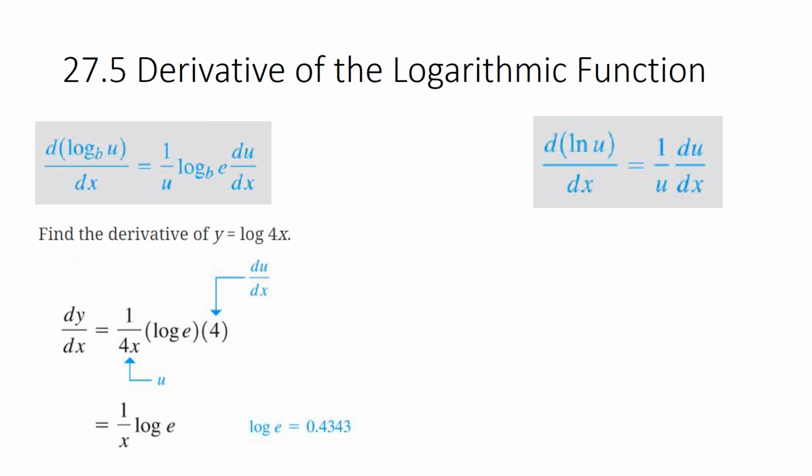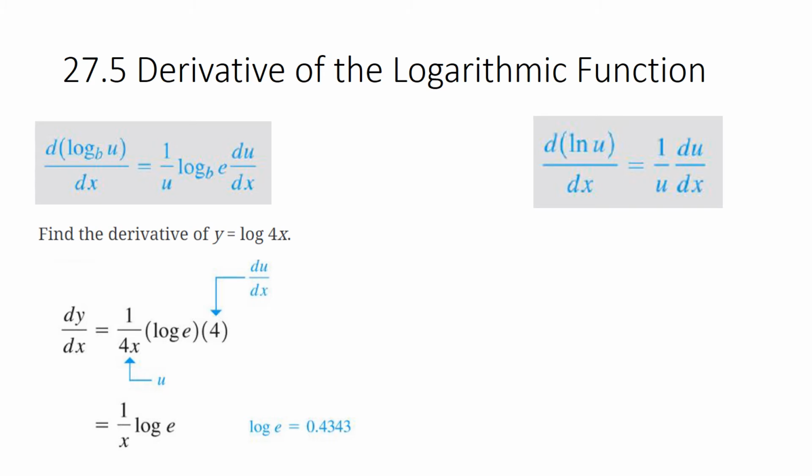Let's say we've got a base 10 logarithm, which, once again, if it's base 10, I don't bother writing down the base. I just say log, and that's how it is on your calculator as well. So I want to find the derivative of y equals log 4x. 4x is what we're going to set u to be.